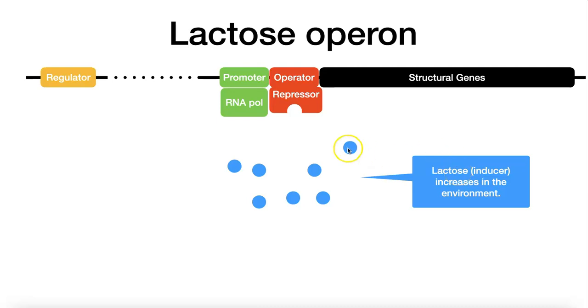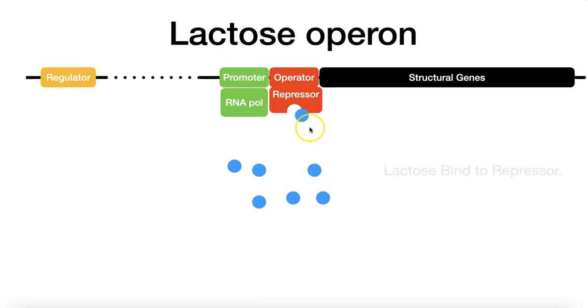The way it does so is, hopefully you can see there's a little space that's currently empty in the repressor. It was empty in the previous slide because lactose was not present. But now, because lactose is present, it can bind to the site. So lactose binds to the repressor.